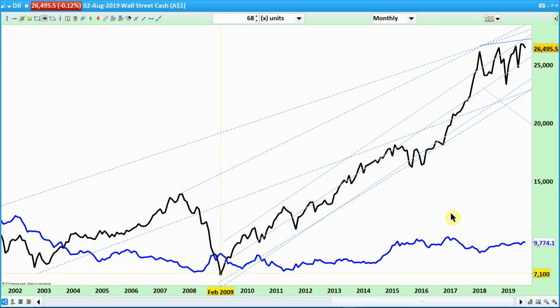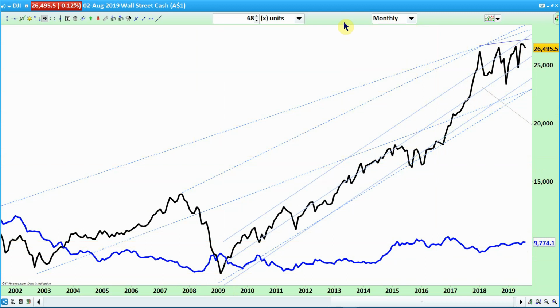And recently, when Dow Jones is going up from this 2016, dollar index is quite flat here, isn't it? So there is not much to be discussed.